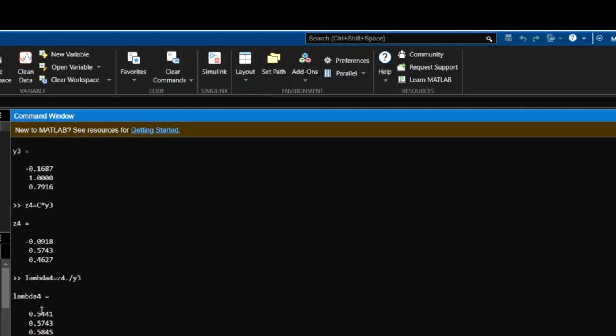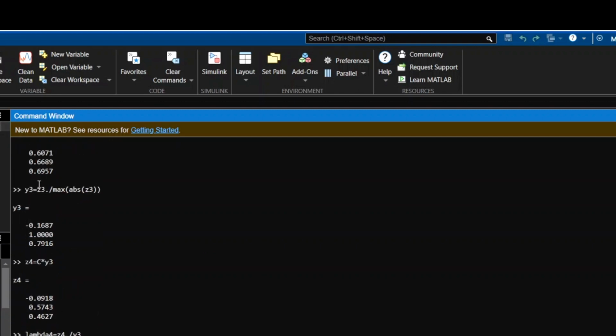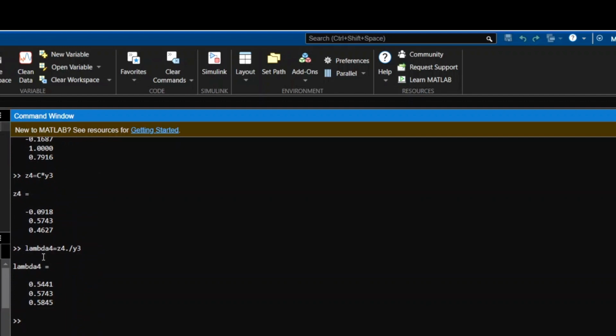So yeah, here also see, it's still fluctuating. First it came out to be 0.666. So lambda is also not coming out to be stable. We will still keep moving on. Now we have to find y4, right? Yeah. So y4 will be what?